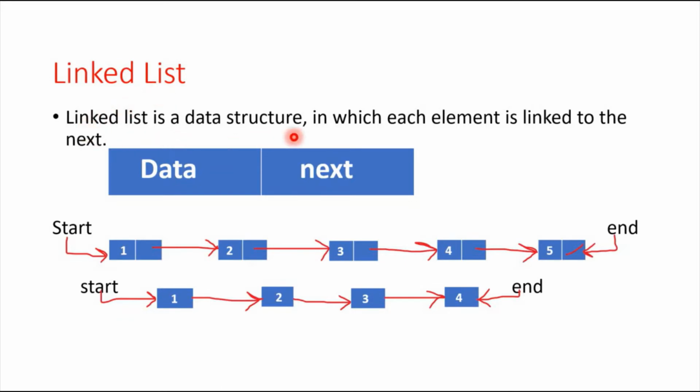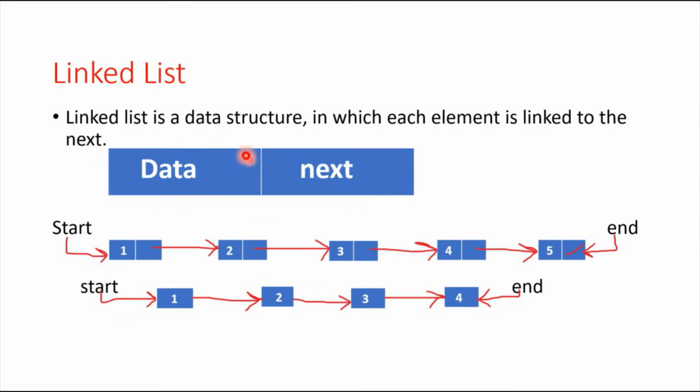A linked list is a data structure in which each element is linked to the next. In the linked list, one element holds the address of another element, and that one holds the next element, and so on. Here is a pictorial representation of a node. In a single node we have two parts, that is data and next.